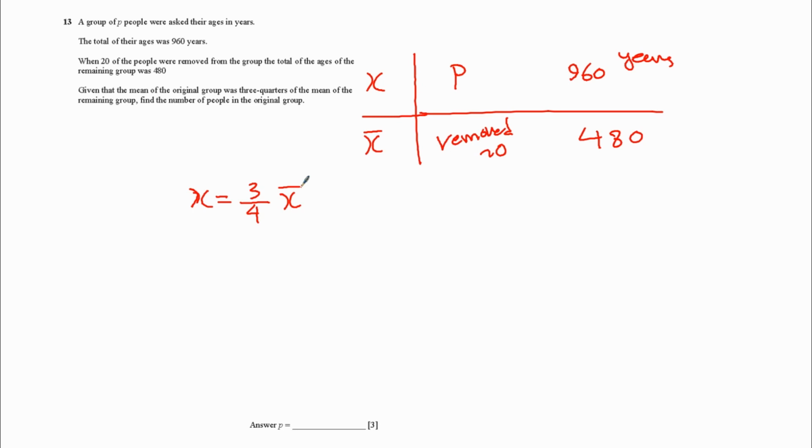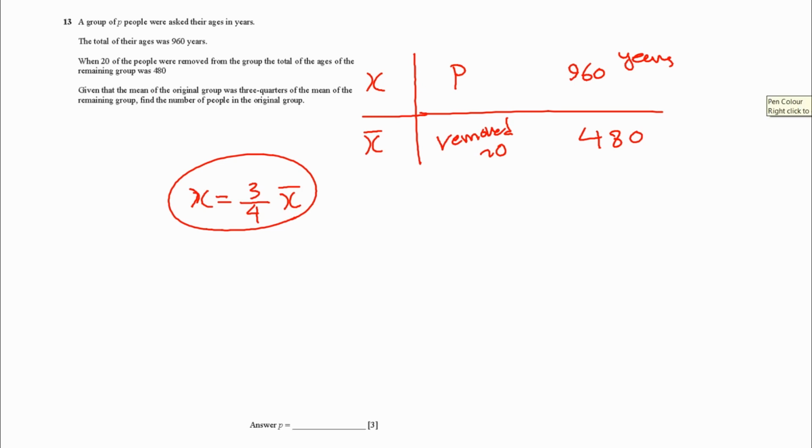Now we concentrate on each one of X and X bar, which I've used in here. Before removing the 20 people, the number of people is P and the total age is 960.